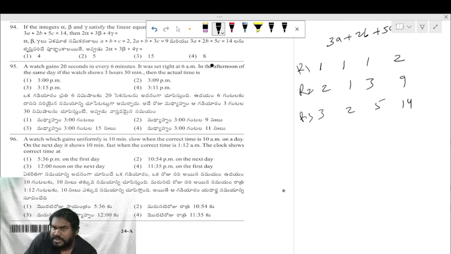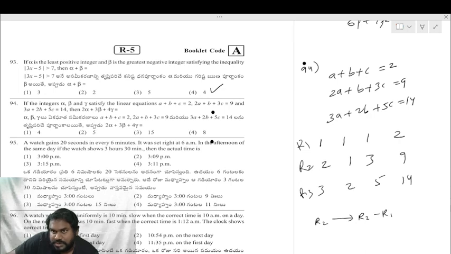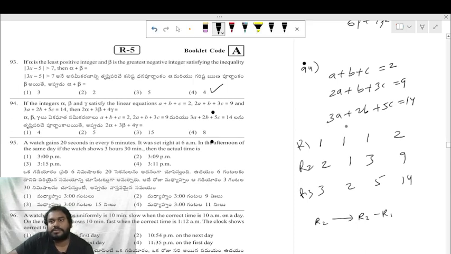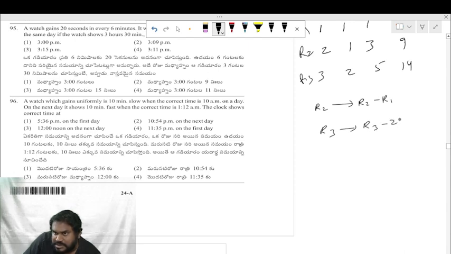So I'll make two operations here. R2 will become R2 minus R1. Next, the same way, R3 will become R3 minus 2R1. I'll do these two operations.